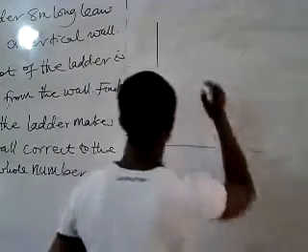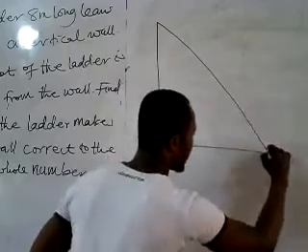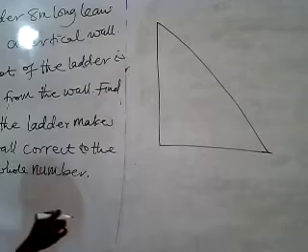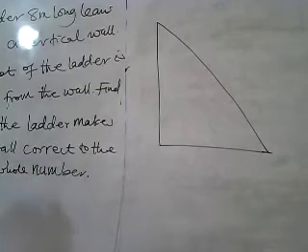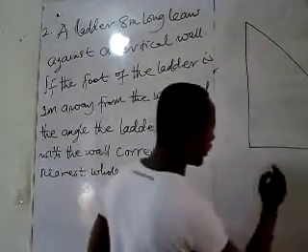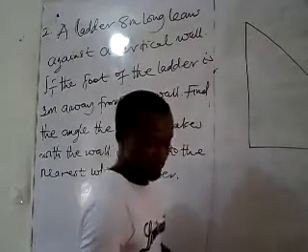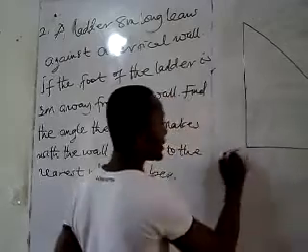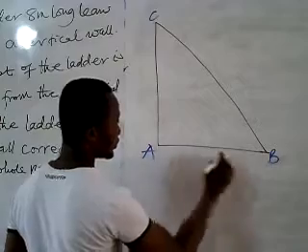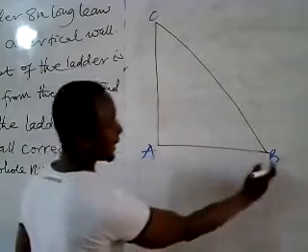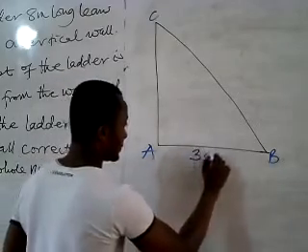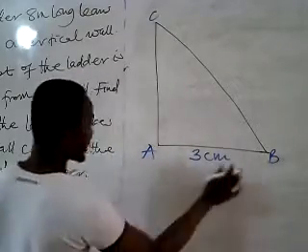We have our baseline, and then the ladder leans against the wall. Now we said that from the question, a distance was given. If the foot of the ladder is 3 meters away from the wall. So I will name the sides of my right angle triangle as A, B, and C. So the distance between the wall and the foot of the ladder is 3 meters.